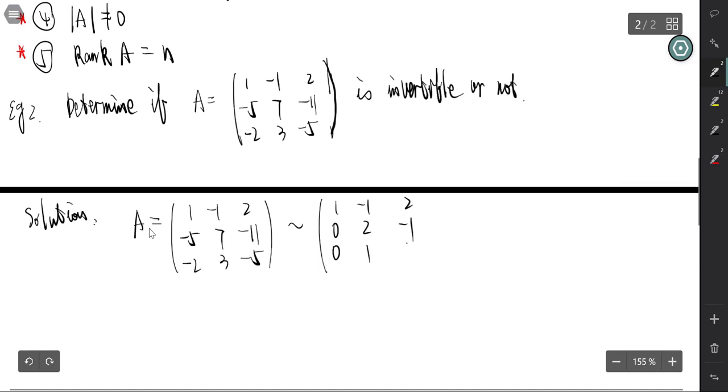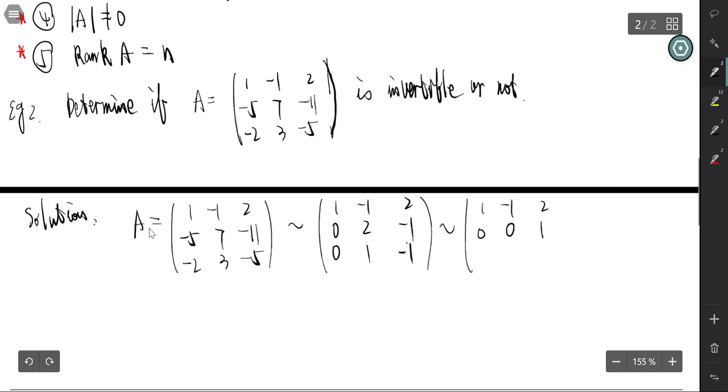That is -1. 1, -1, 2, 0. We multiply the third row by -2 and then add to the second row. So this is 0 times -2. That is 2 minus 1.